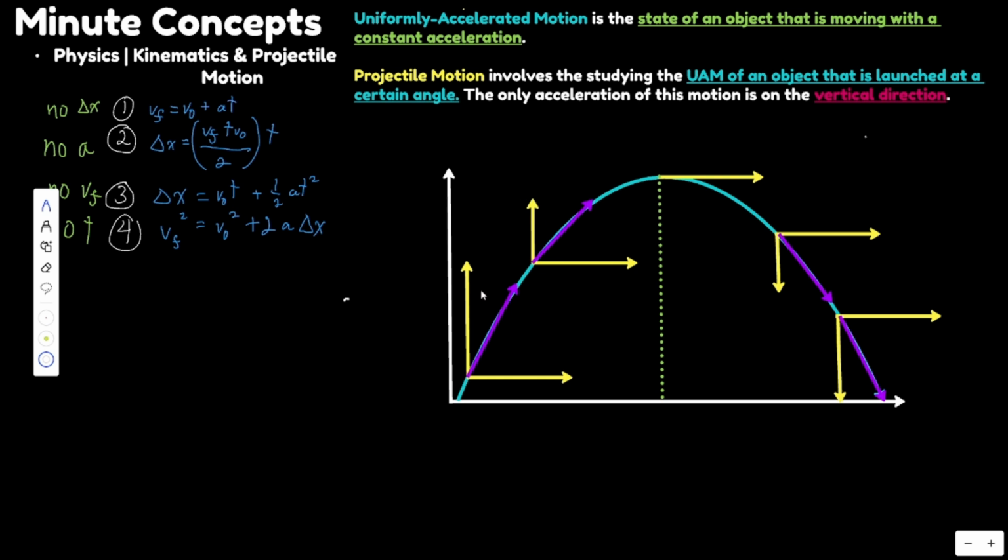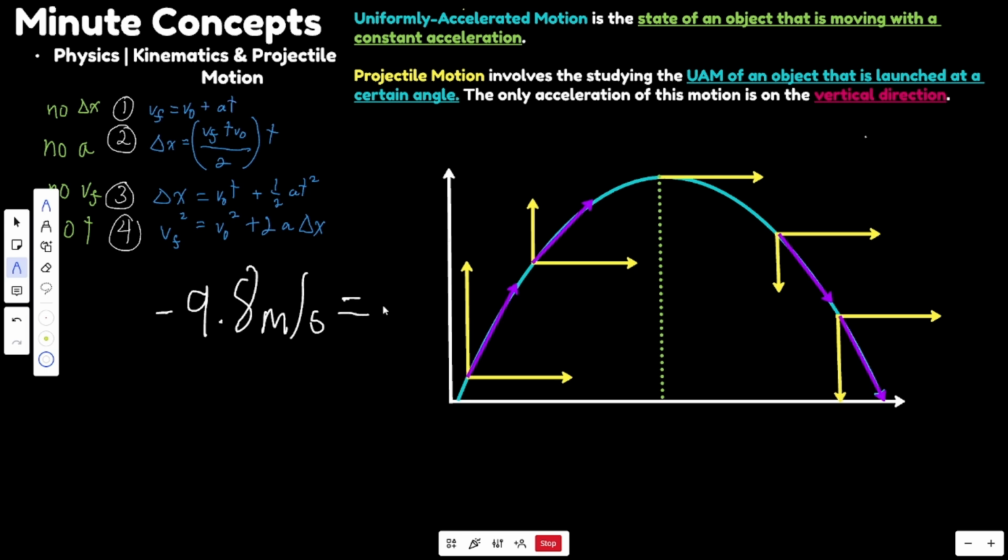So for example, I throw a ball going up and to the right, and my upward vector would be its initial velocity going up. And as you can see, because the deceleration of gravity has a value of negative 9.8 meters per second squared, gravity slows down my upward trajectory until it becomes completely zero here at the top.